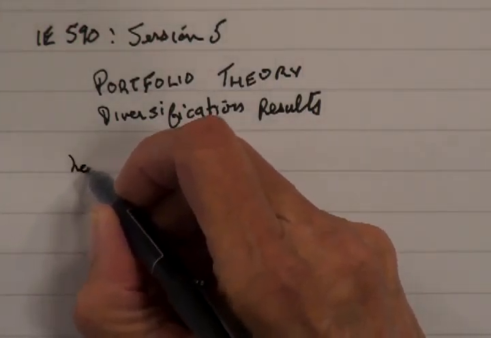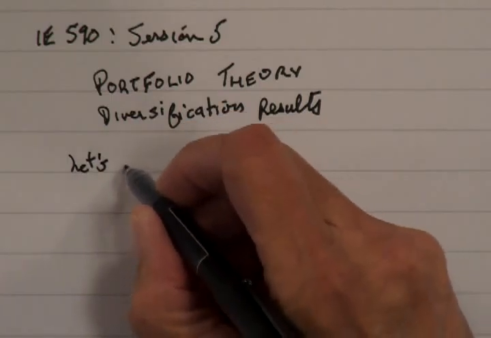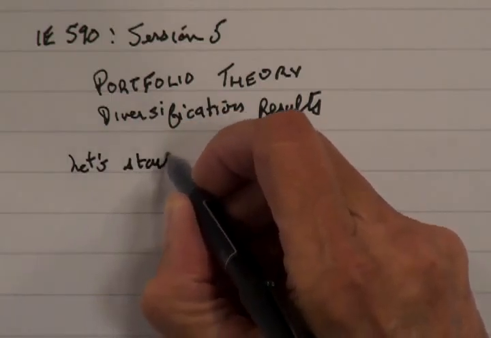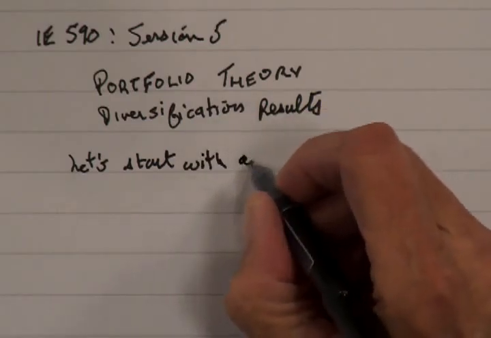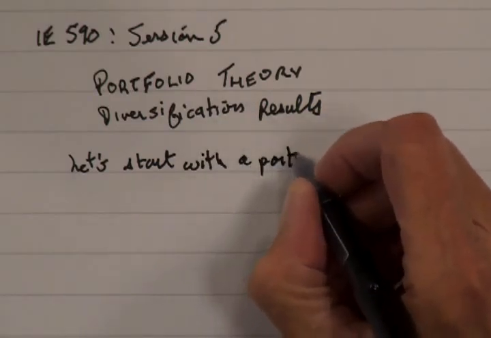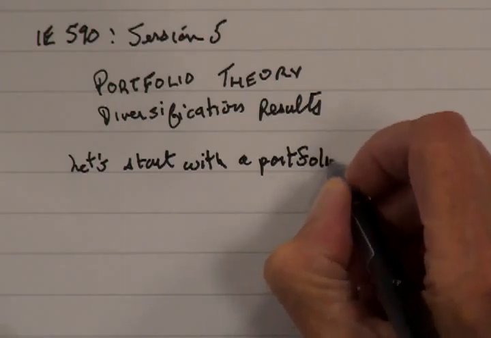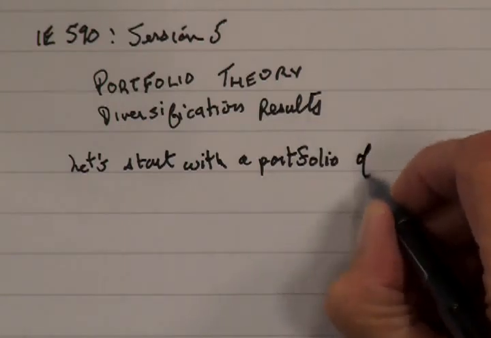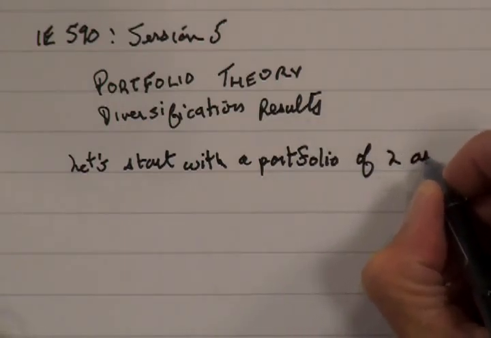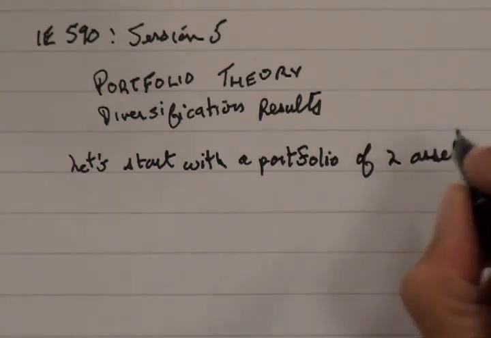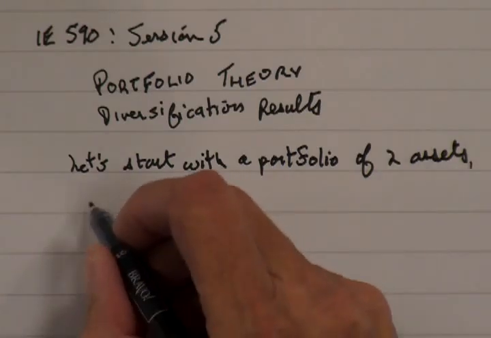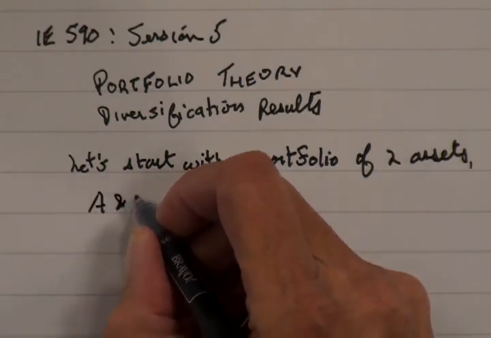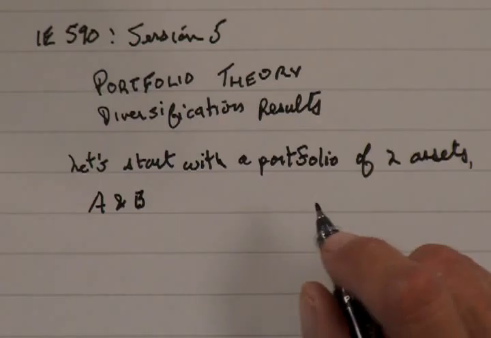Let's start with a portfolio of 2 assets. We can call these A and B. I think before we called them X and Y, but that's okay.